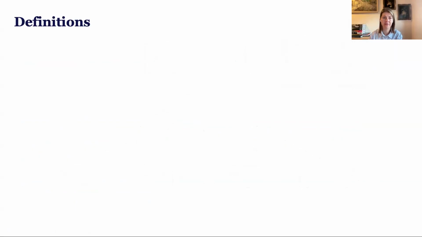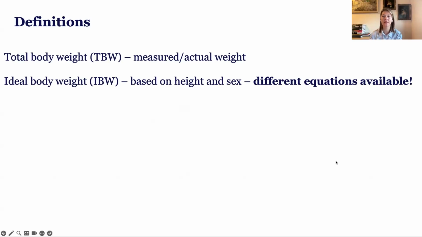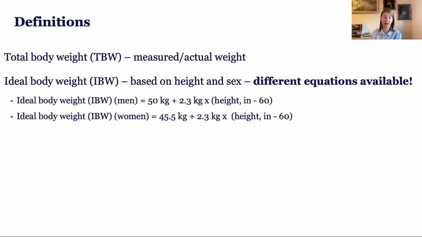So very briefly, some definitions could have come earlier, but just briefly. Total body weight is sometimes also called absolute body weight, but we use total body weight as the actual measured weight. The ideal body weight is an equation based on height and sex. Here are some examples, but there are different formulas available.